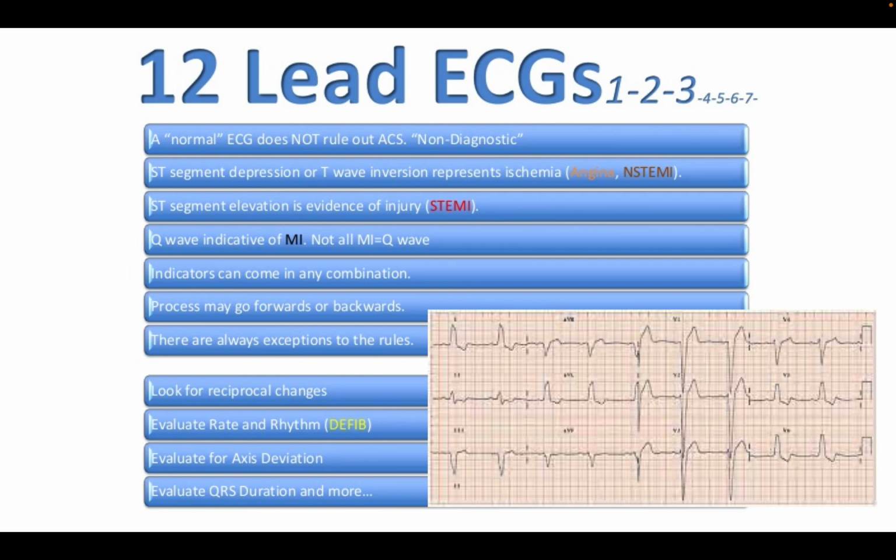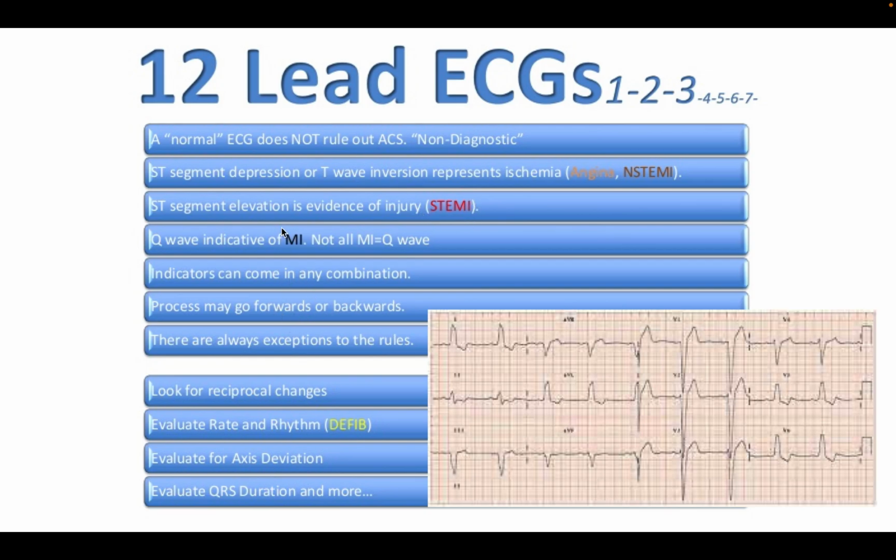Now, as far as the ECG is concerned, I think it forms an integral part of the diagnosis of ACS. As we know, a normal ECG does not rule out ACS, and that is the most important point we need to understand. At the same time, ST depressions or T wave inversions represent ischemia or non-STEMI, and ST elevation is evidence of an injury, which is famously called STEMI.